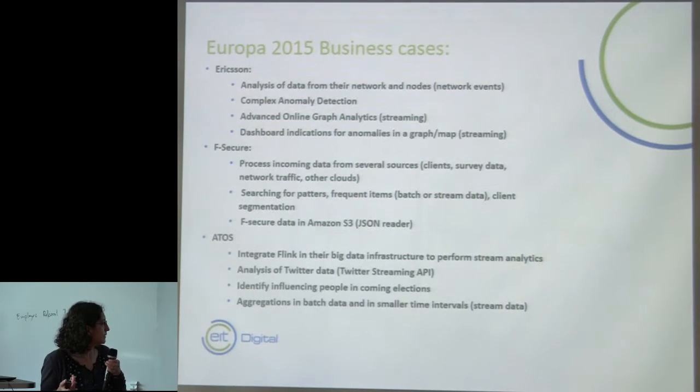They have a very precise target, which is trying to identify, in real time if possible, influencing people in the coming elections. They are also trying to do aggregations, both in batch and streaming processing, using Flink. So these are the three real use cases that we are working on in the Europa project this year.